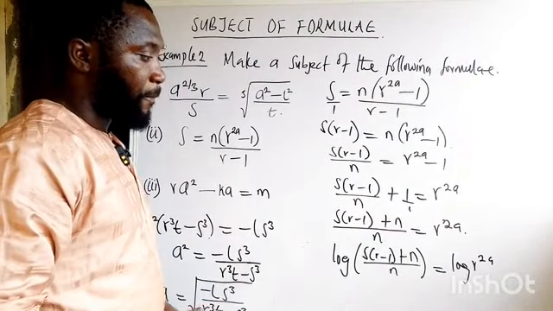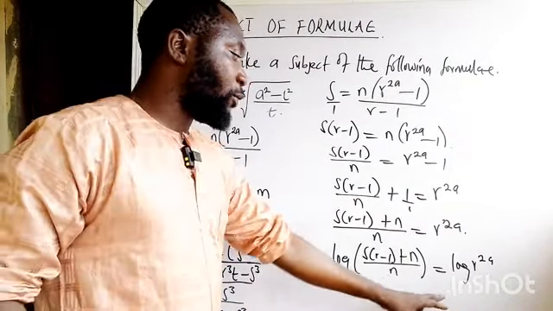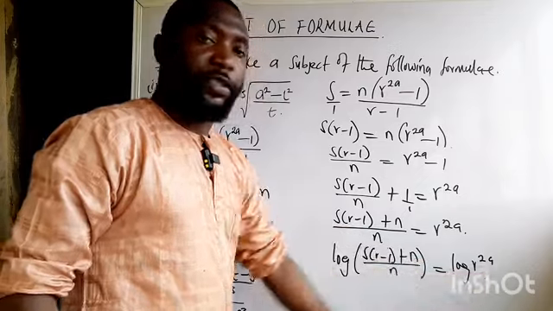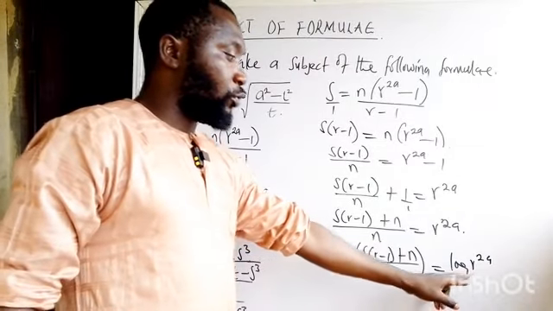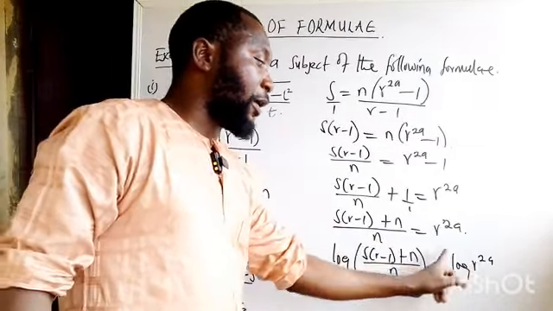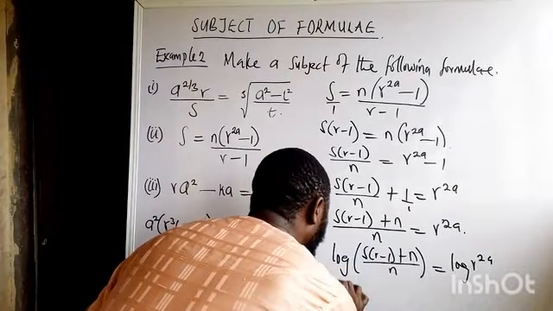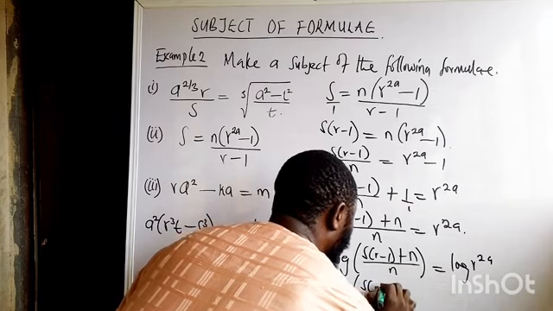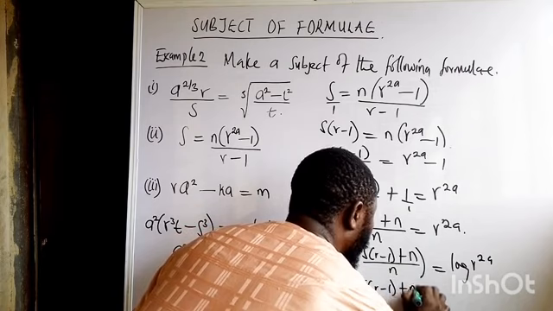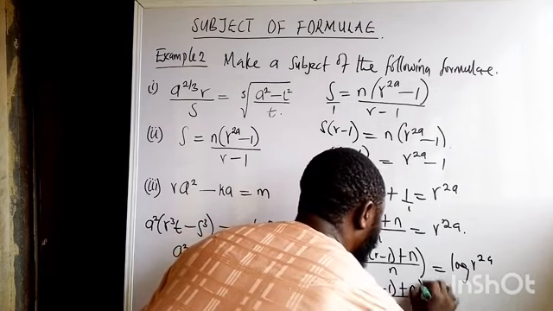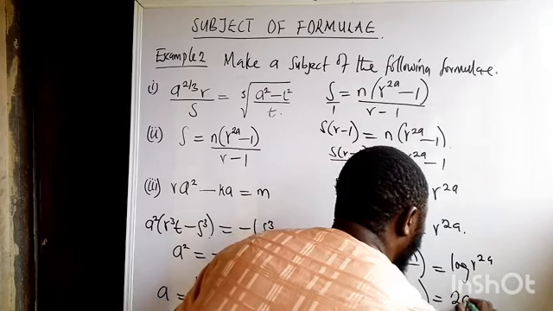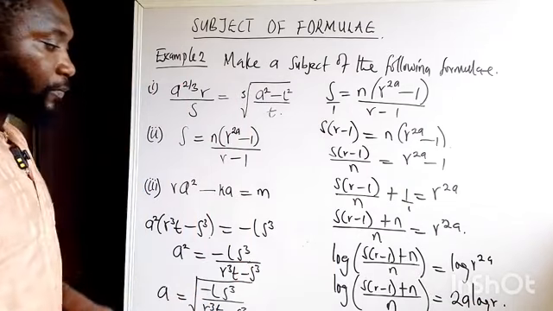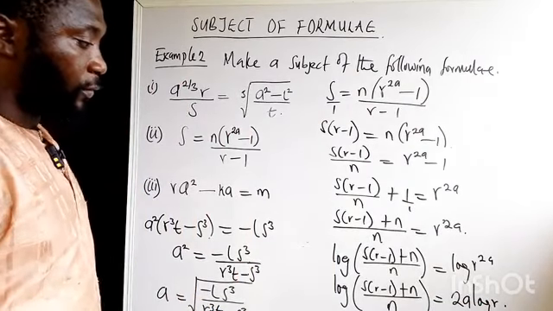Now you drop the power. When you have the logarithm of a number to a power, you can drop that power, so that you have log of s(r minus 1) plus n, divided by n, equals 2a log r.